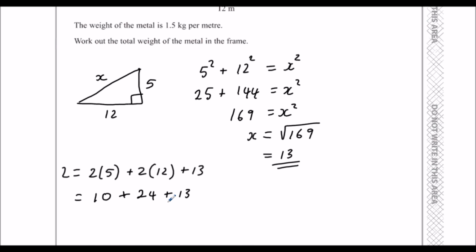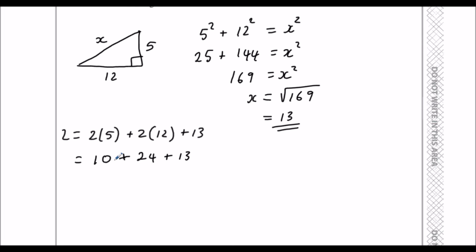And we've got a 13. So let's add these up, thinking of it as adding up in a column. So 0 plus 4 plus 3 is 7. And 1 plus 2 plus 1 is 4. So we've got 47 meters.